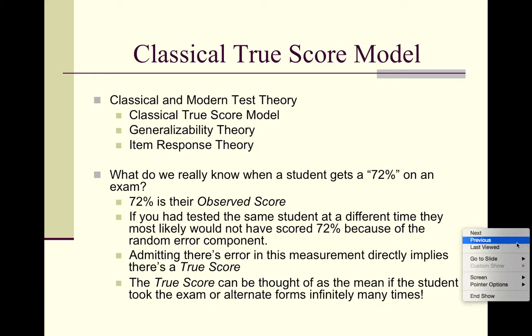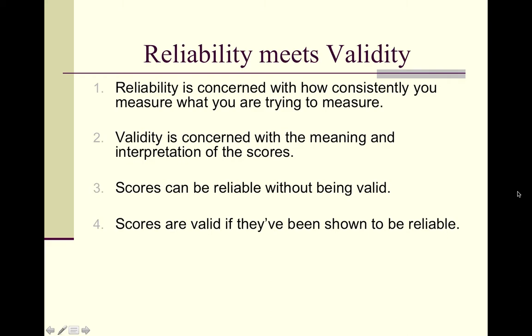I actually have a pretty cool image, it's like a bullseye, and it shows somebody shooting a gun. Maybe it's a little violent, but it shows the difference between reliability and validity as it comes to shooting at the bullseye. So maybe I'll make a copy of that and show it to you in an upcoming video.